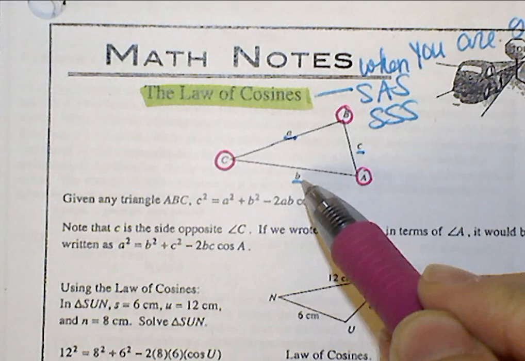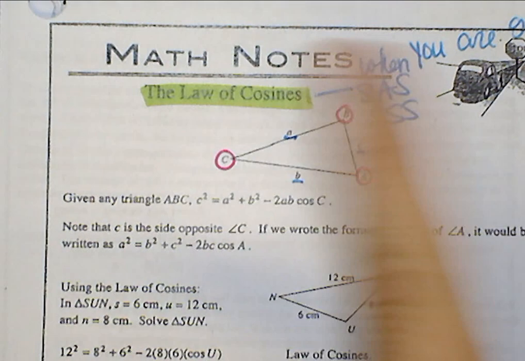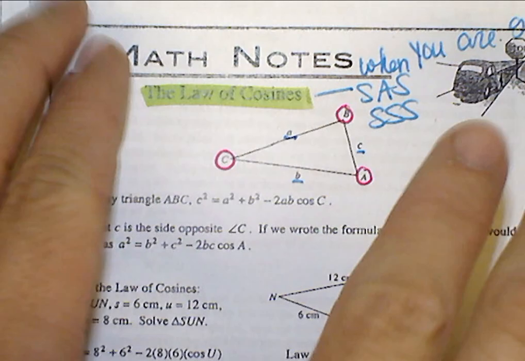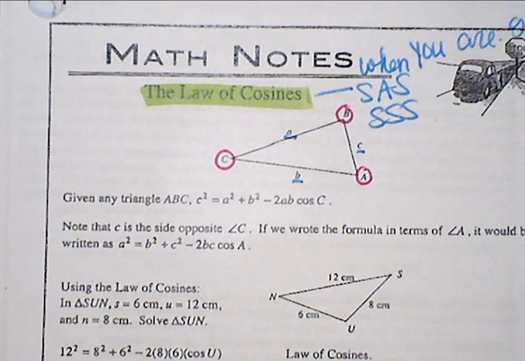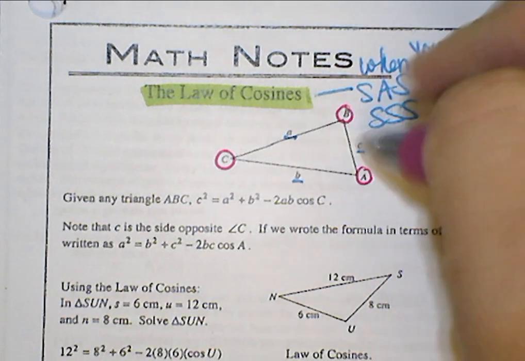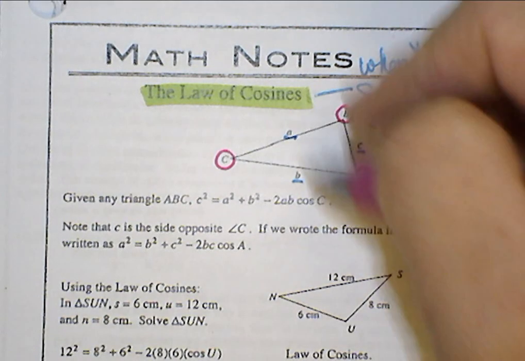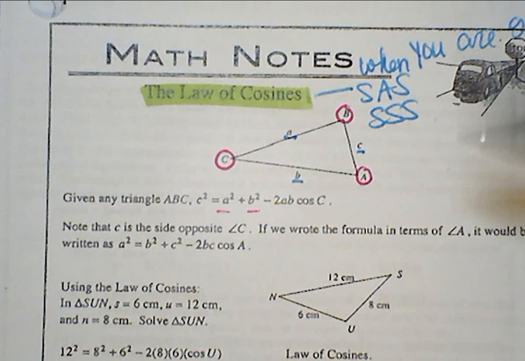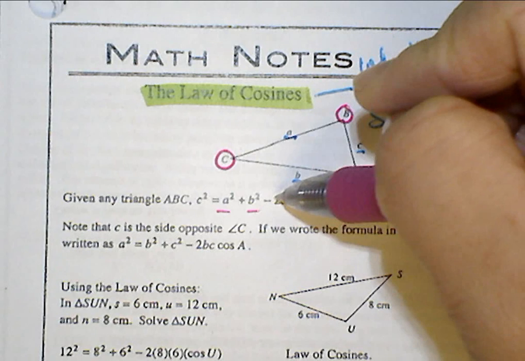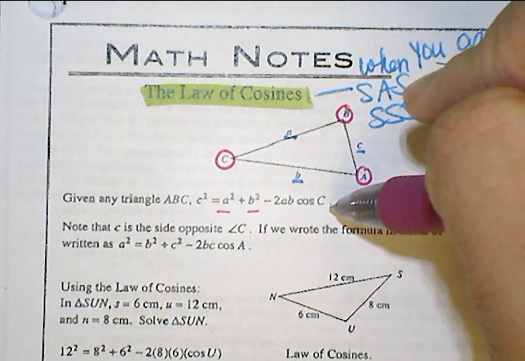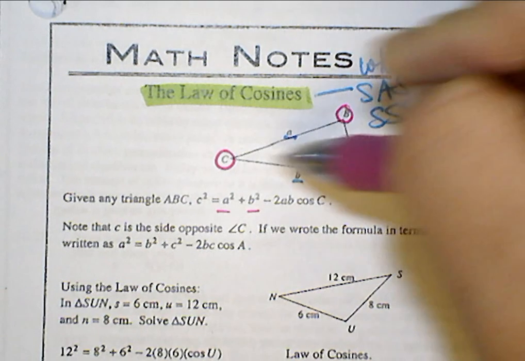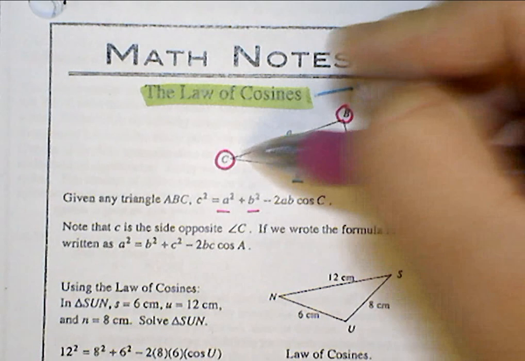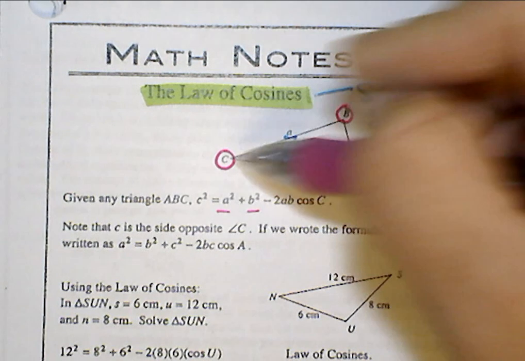There's no hypotenuse anymore, because it's not a right triangle. So any of the sides squared equals the other two sides squared and added together, as long as we subtract 2ab times cosine of C, the cosine of the angle that's opposite to that original side.